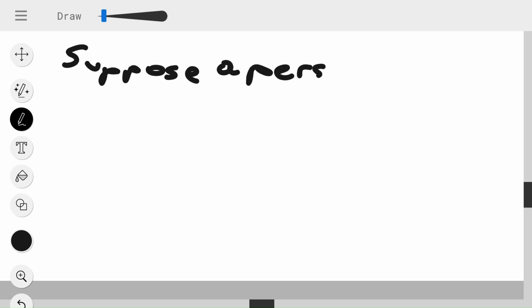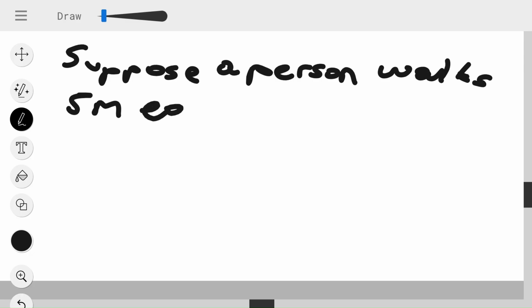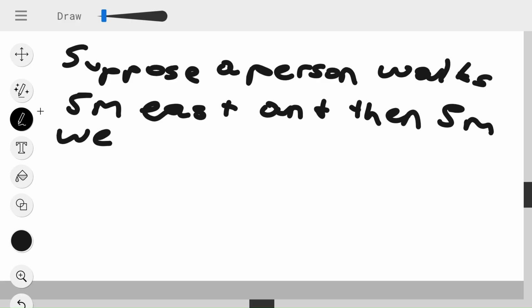Let's look at an example. Suppose a person walks 5 meters east, and then 5 meters west. The total distance traveled is 10 meters.